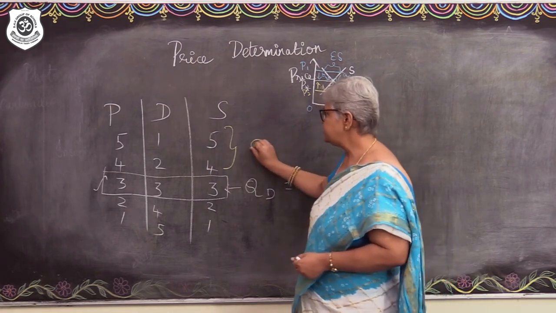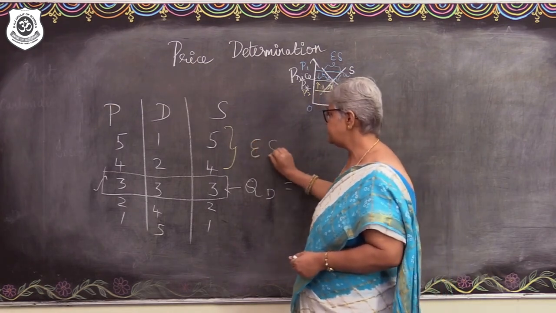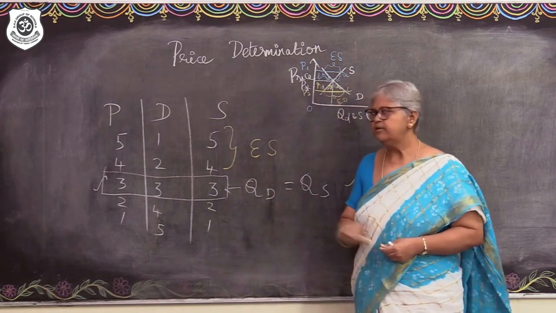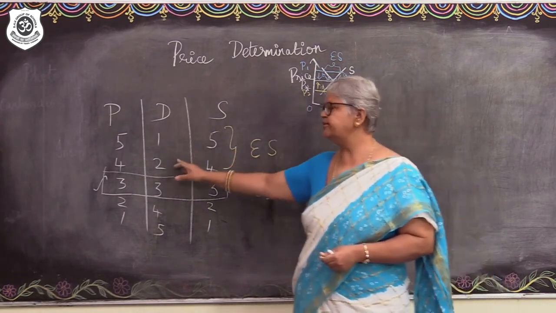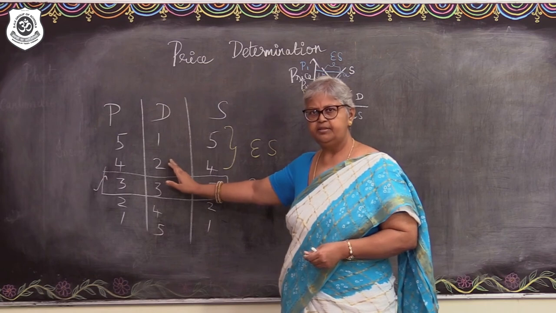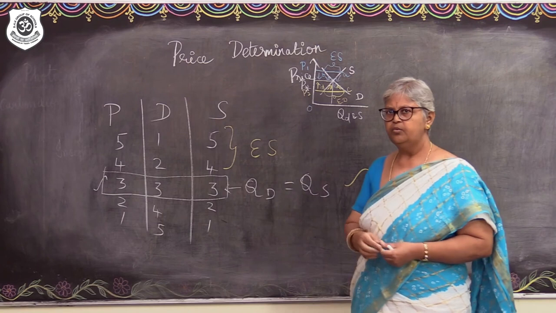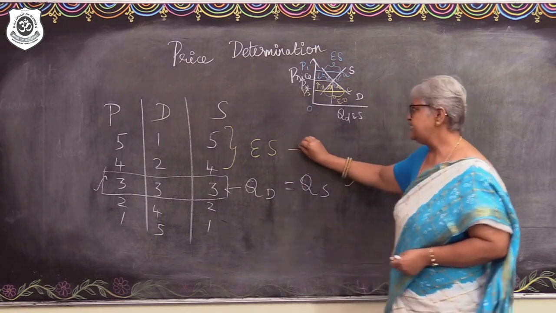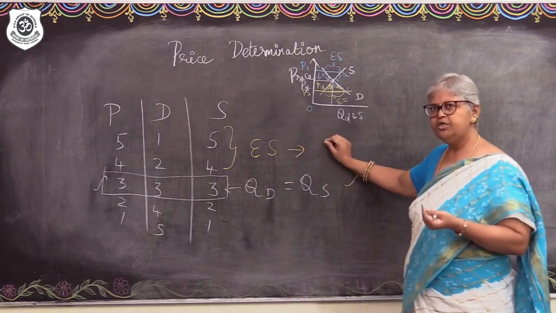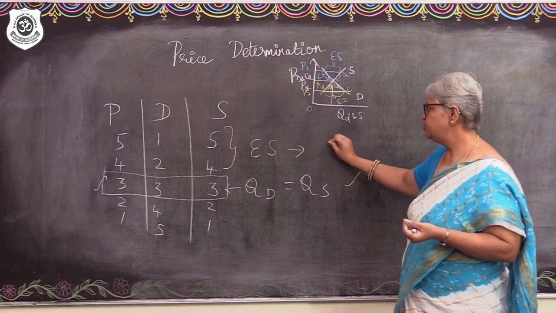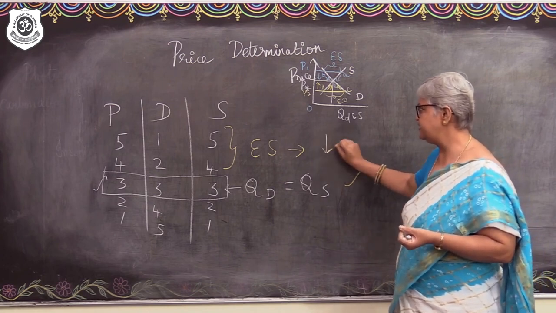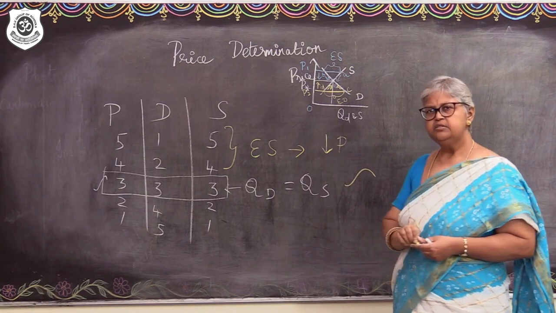That there is an excess supply, right? Supply is much more than the demand, isn't it? So when there is an excess supply, what do you know? There will be competition among the suppliers which will actually push the price down, right?